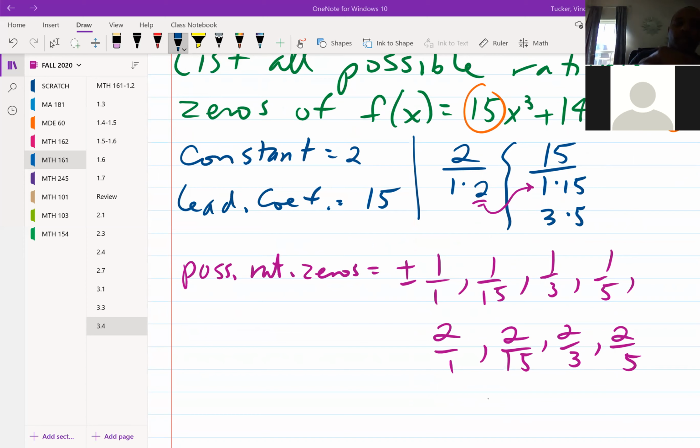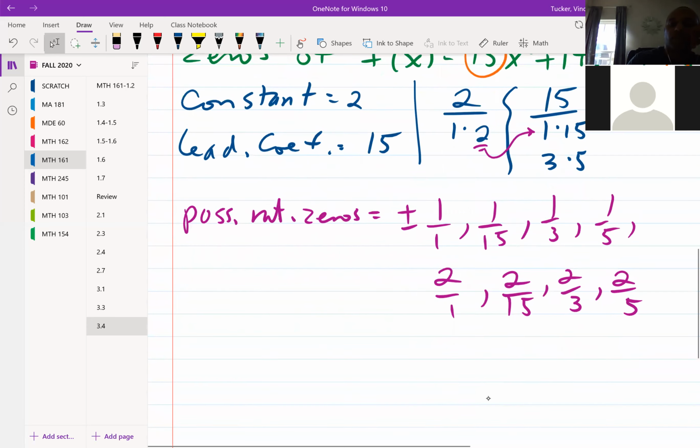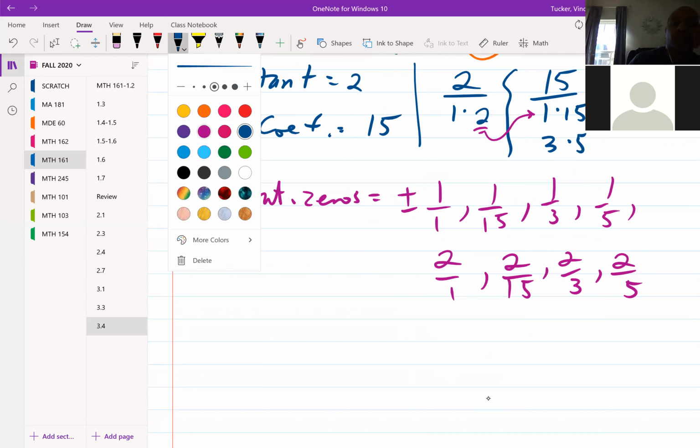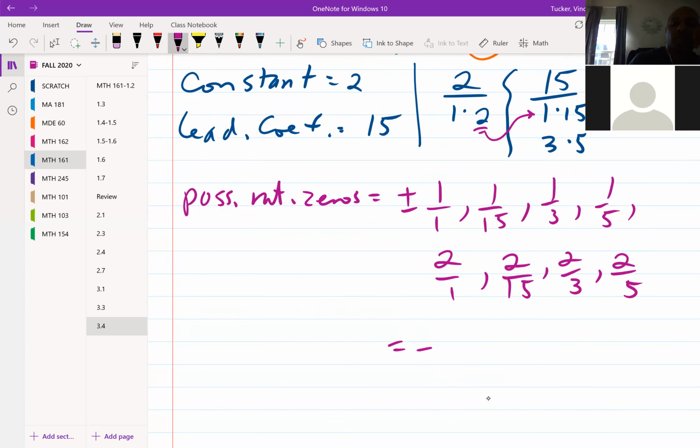And like I said, that plus or minus goes in front of each term. So it's plus or minus 1, plus or minus 1 over 15, plus or minus 1 over 3, and so on. And then, of course, you would simplify as much as possible. If you had any repeated values, then you wouldn't write the repeated values. In this case, we don't have any. But 1 over 1 is just 1.